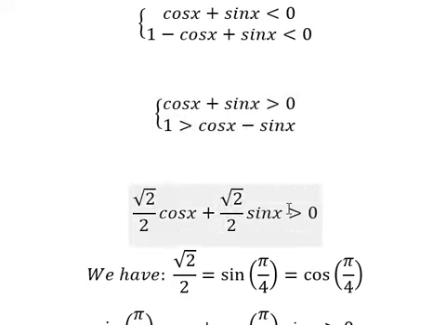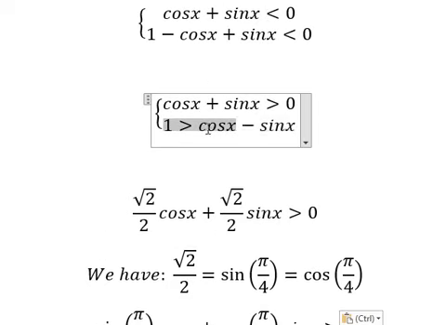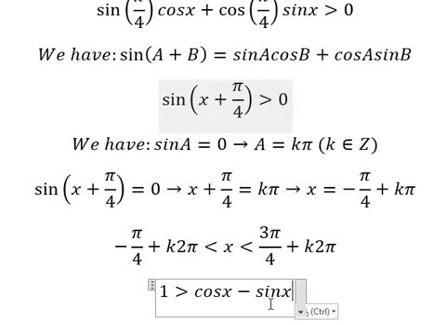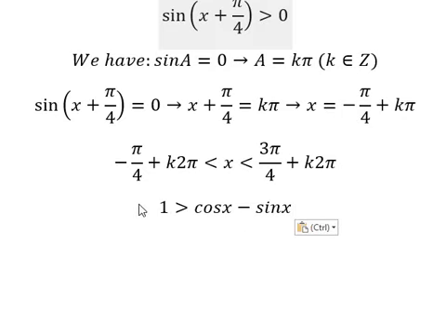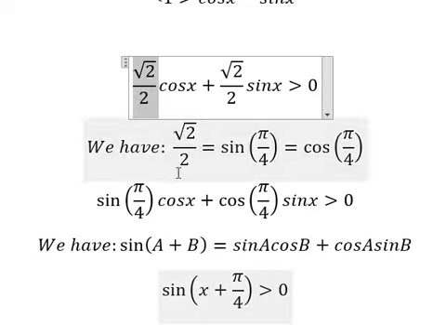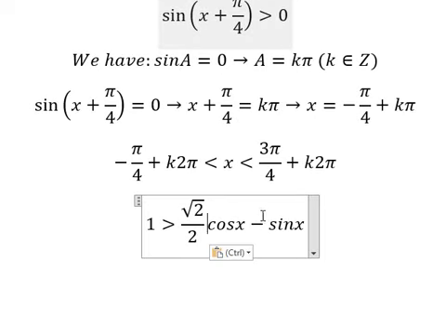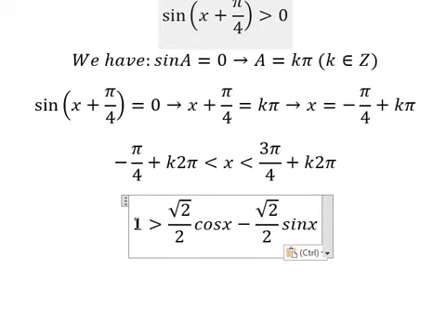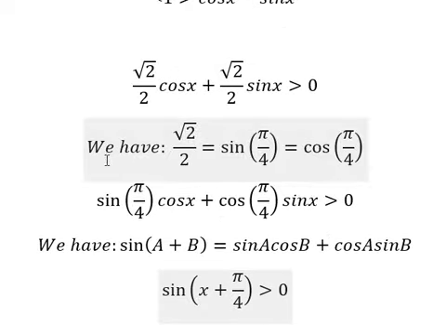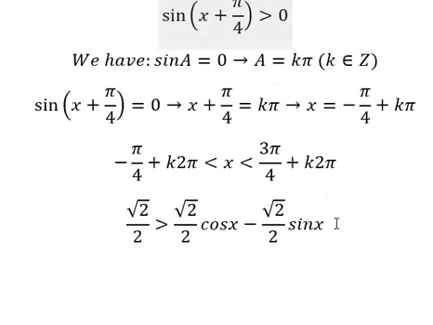Now let's go to this one. So we put the square root of number 2 over number 2 for both sides. And then we have this one.